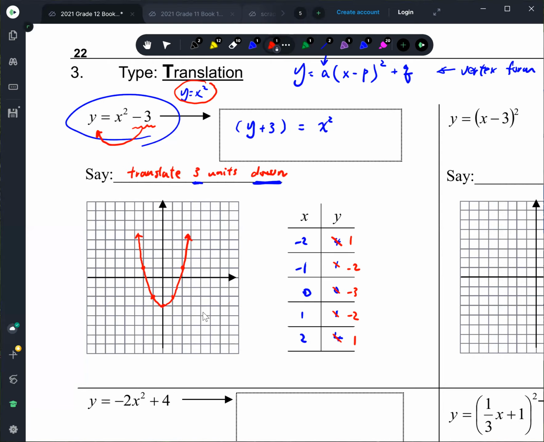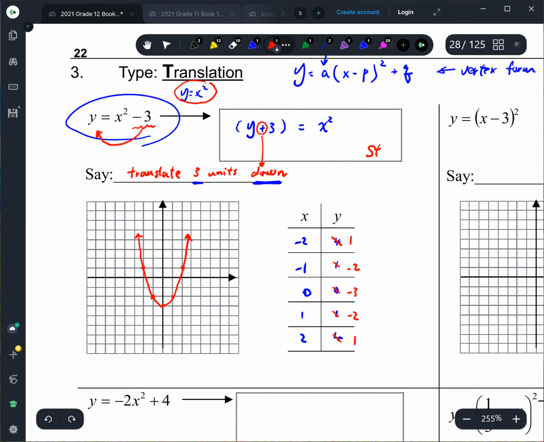So if you see an adding, add a 3, it means it will be moving down. If you want to move up, then you'll see a -3. We are talking about after you get the story form, not before. You have to change the story form first, and then you apply the rules.